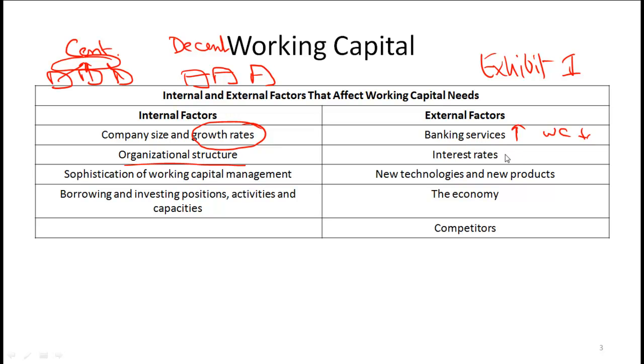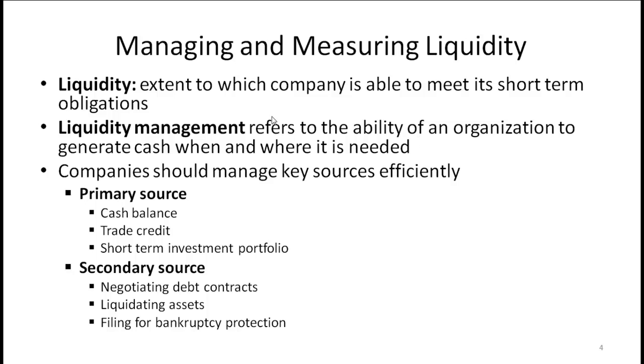Where interest rates are low, the working capital that's necessary would also be lower, because in a high interest rate environment the cost of raising money in a hurry would be very high, and hence companies would try to keep higher working capital. So this just gives you an idea that there are both internal factors and external factors which will impact working capital management. Now let's get into some important terms.